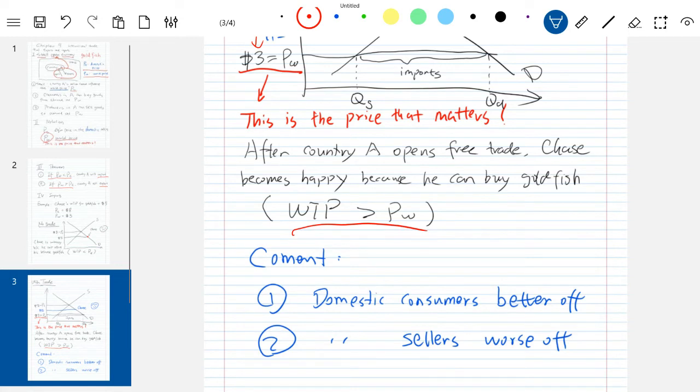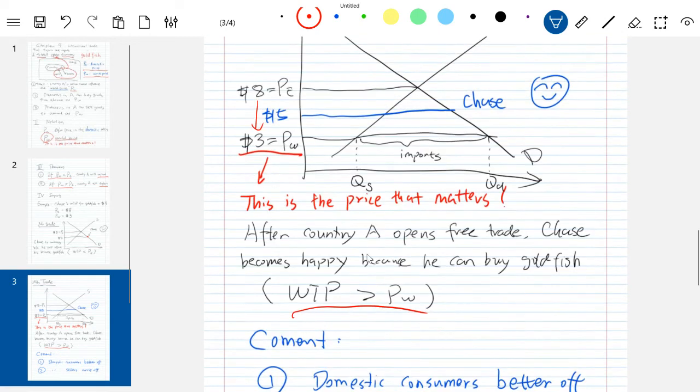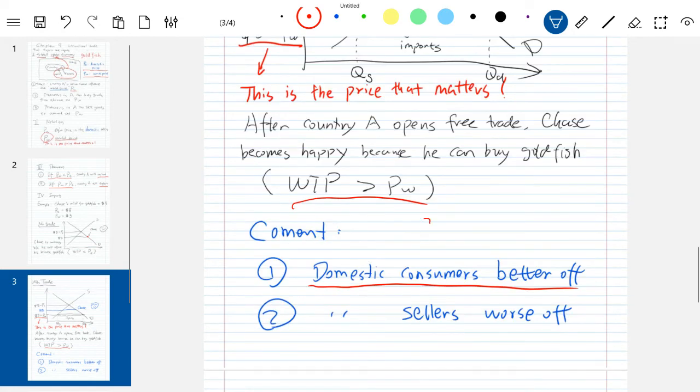More generally, after a country is doing imports, all the domestic consumers are better off because the price level is reduced from $8 to $3. Since consumers pay a lower price and the consumer surplus is willingness to pay minus price, if everybody pays a lower price, that means everybody has a higher consumer surplus.